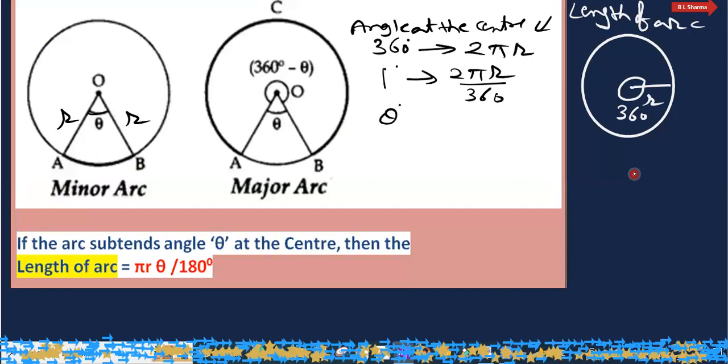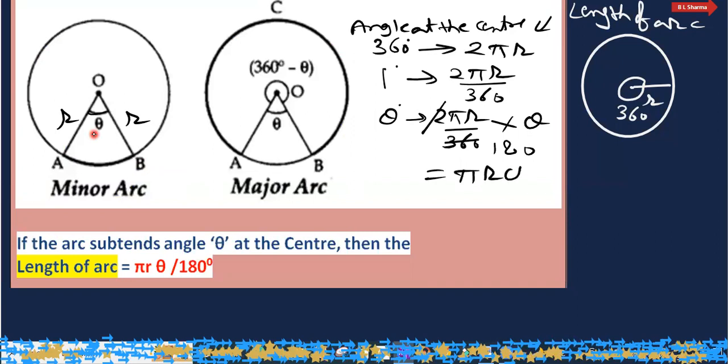But if it is theta degree, because the angle at the center is theta degree, this is a sector angle of theta degree, then the length of arc will be 2 pi r upon 360 into theta. When 2 divides 360, that is 180. So we can write pi r theta upon 180.